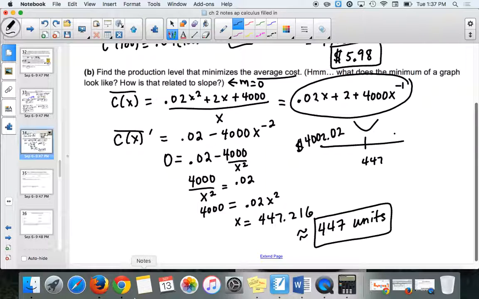And then if I plug in 500, let's say 0.02 times 500 plus 2 plus 4,000 times 500 to the negative 1, you get about 20. And then if you plug in 447, it's about 1989.